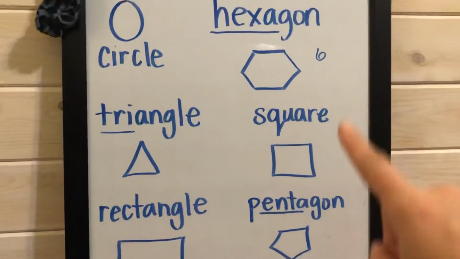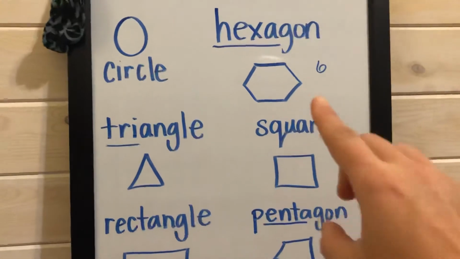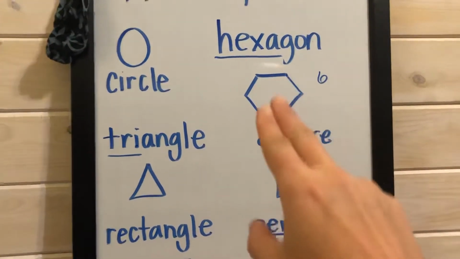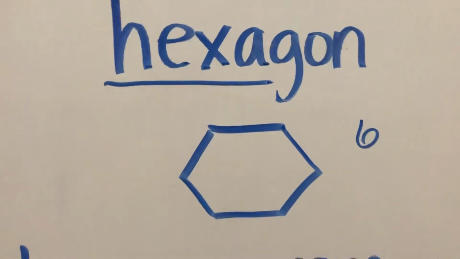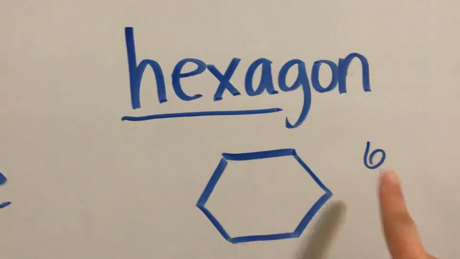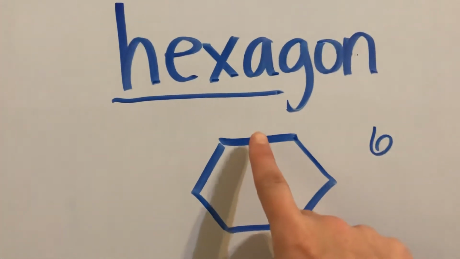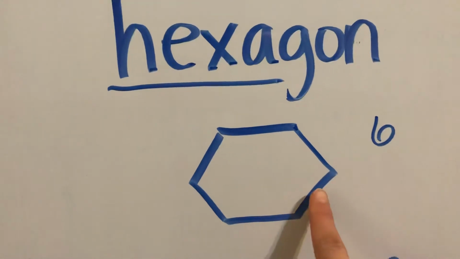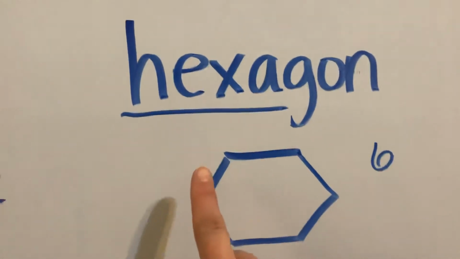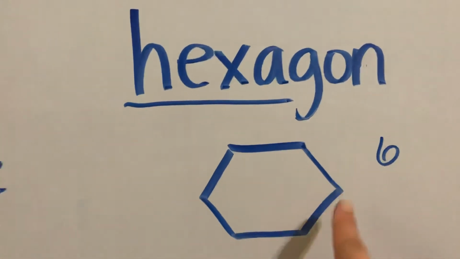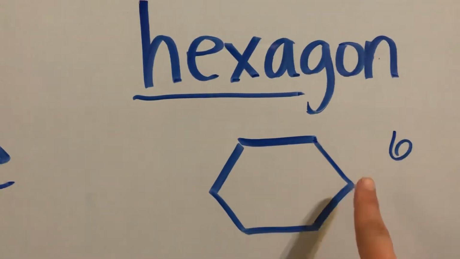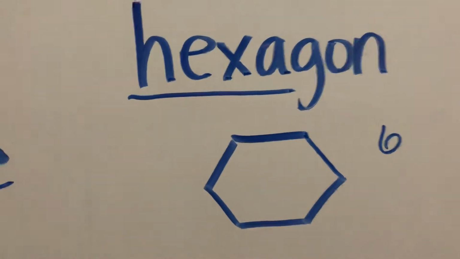But if I were to look at these other 5, they have corners. This is a hexagon. A hexagon, hexa meaning 6, has 6 sides, 1, 2, 3, 4, 5, 6, and 6 corners, 1, 2, 3, 4, 5, 6.